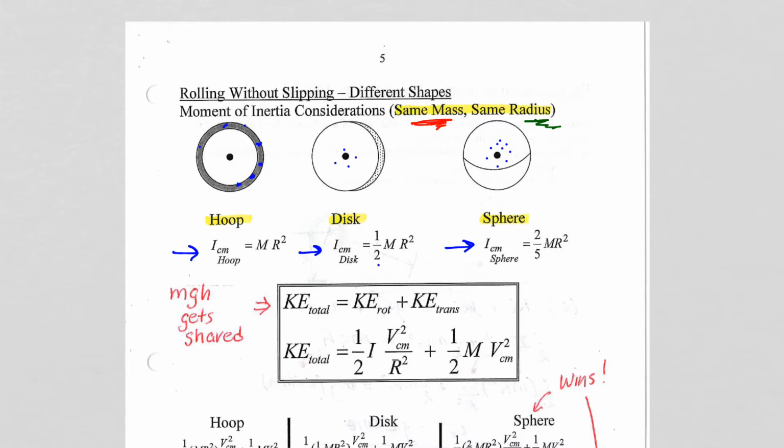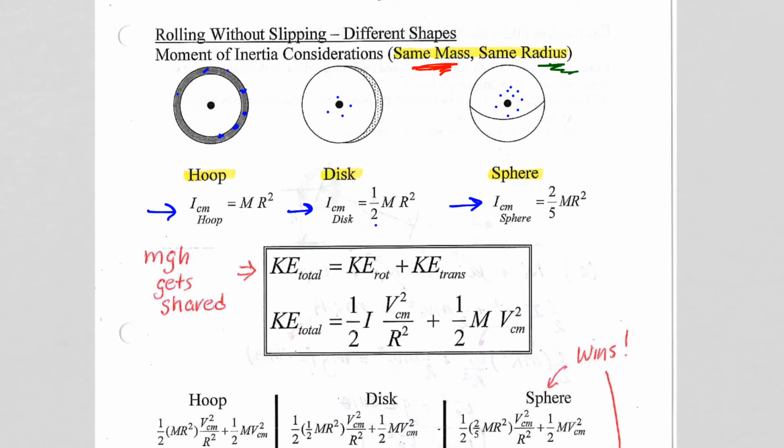So the total kinetic energy, as we saw from our last example of rolling down the incline, where we calculated the acceleration was 2/3 g sine theta, is shared between the rotational kinetic energy and the translational kinetic energy.